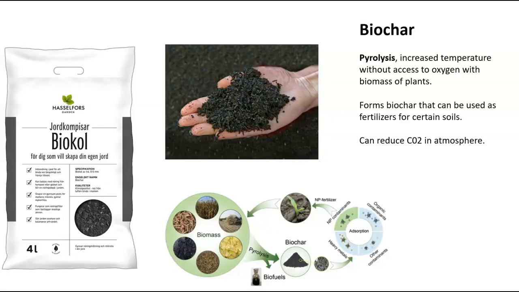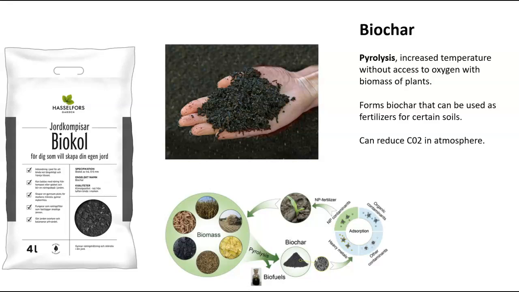Another way is something we call biochar. That's taking biofuels, putting them in a sealed compartment where there is no oxygen, and turning up the temperature. That requires energy, but if you take renewables to fuel this, you basically produce this biochar that you can put in soil, and then the carbon in this biochar is locked away in the soil.